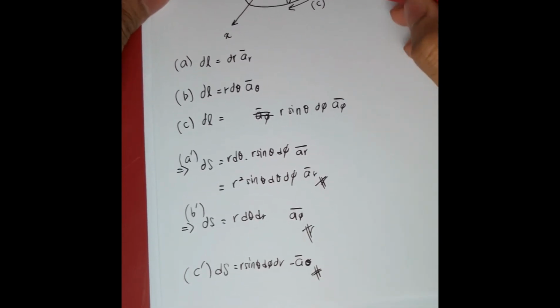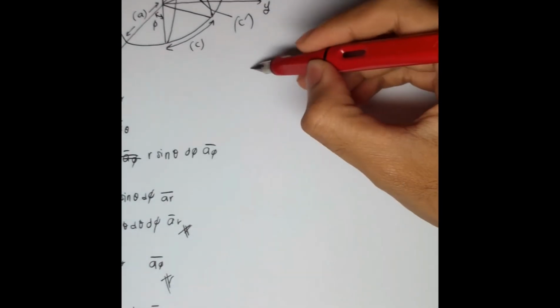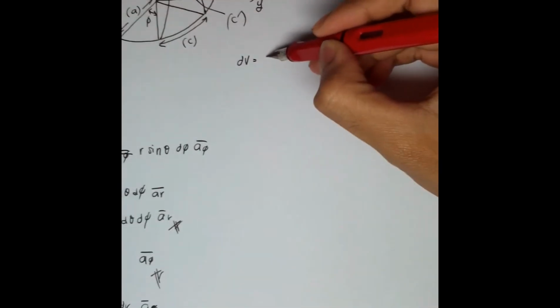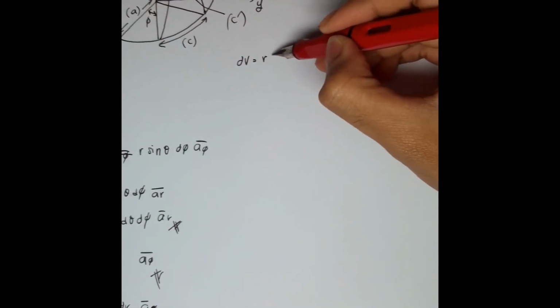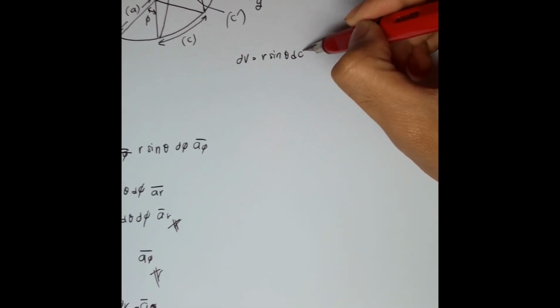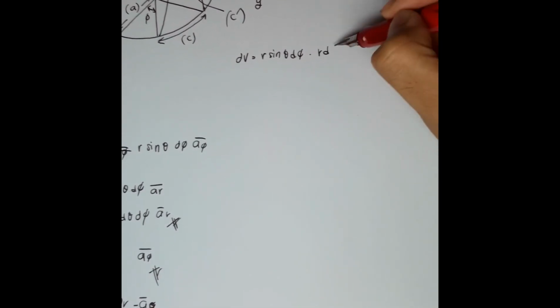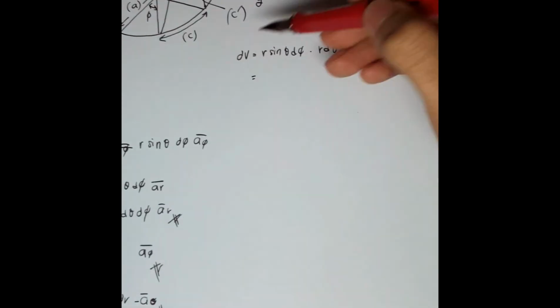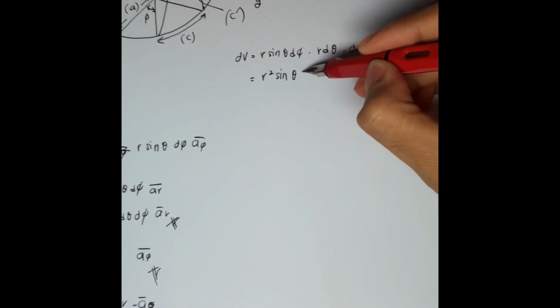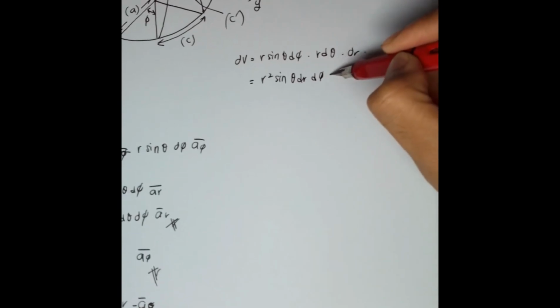Now for the next, for the differential volume, we should get all these combinations, that is r sin theta d phi times r d theta times dr. We can get r square sin theta dr d phi d theta.